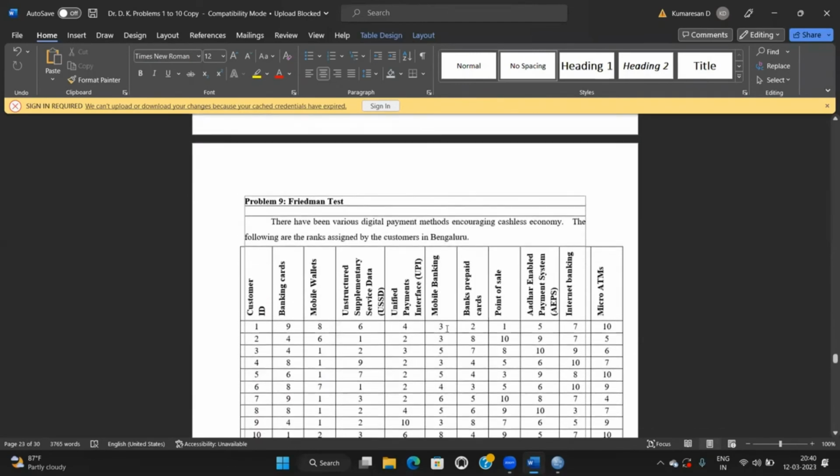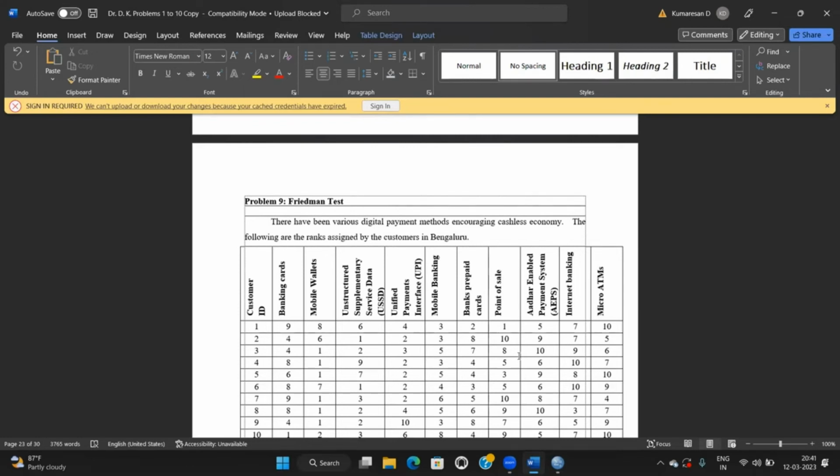Once again, recap both parametric and non-parametric tests. Parametric tests, when parameters are used, it is said to be parametric test. When parameters are not used, it is said to be non-parametric test. What are the parameters? Mean, standard deviation, and variance.